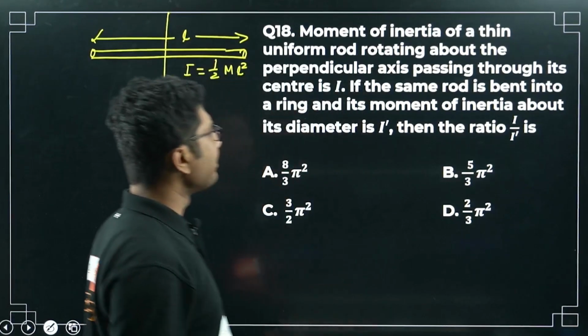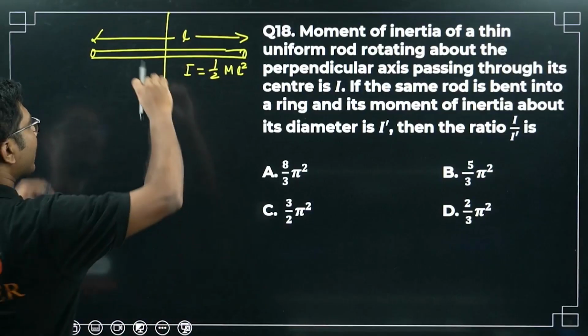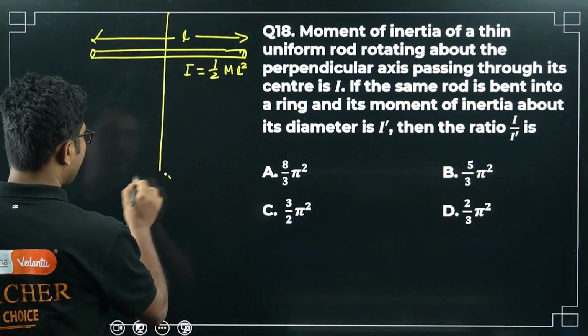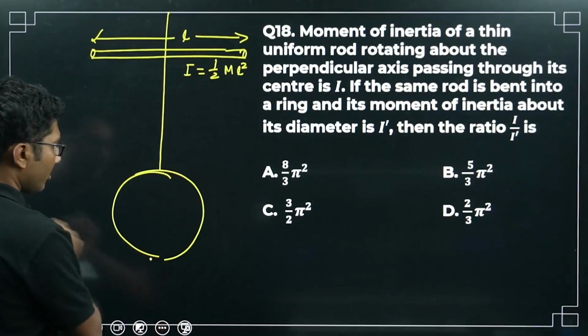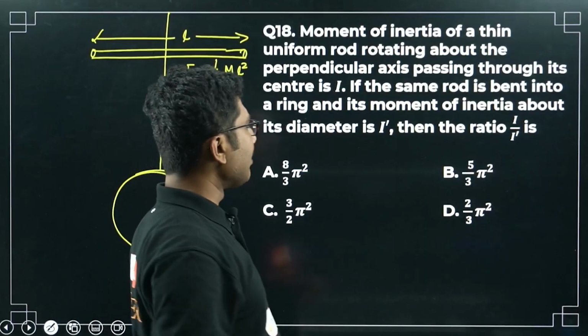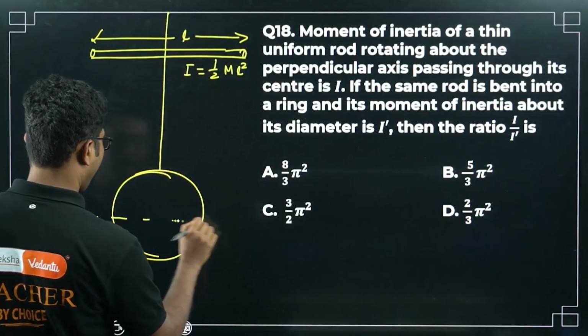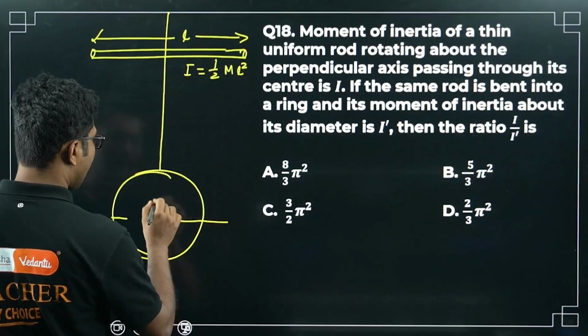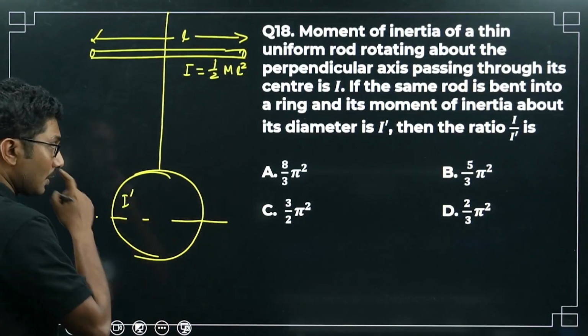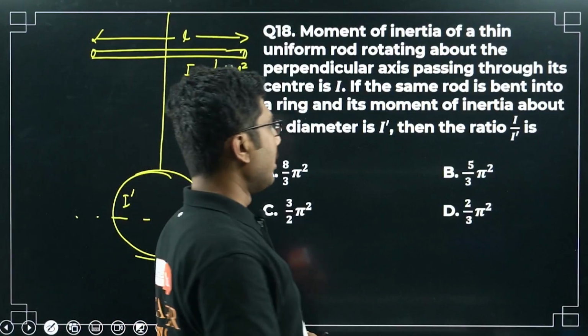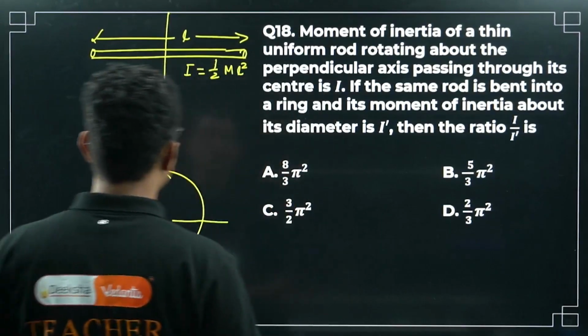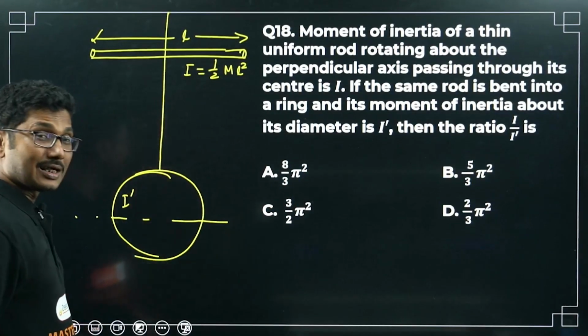If the same rod is bent into a ring, the moment of inertia about its diameter is I dash. What is the ratio of I by I dash? What is common here?